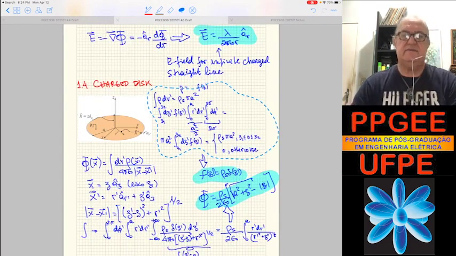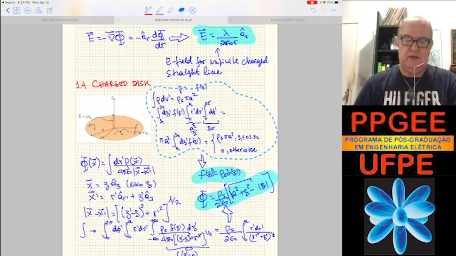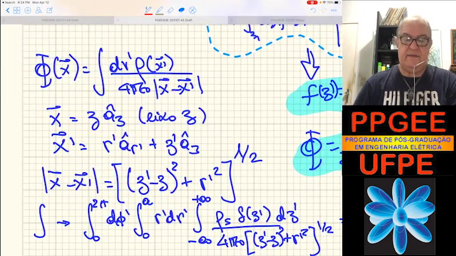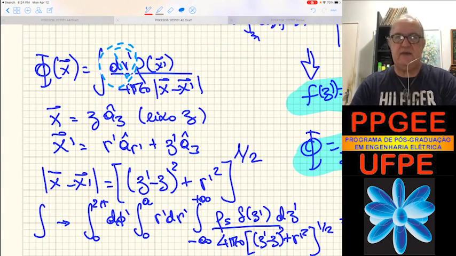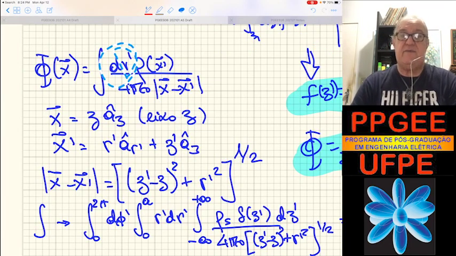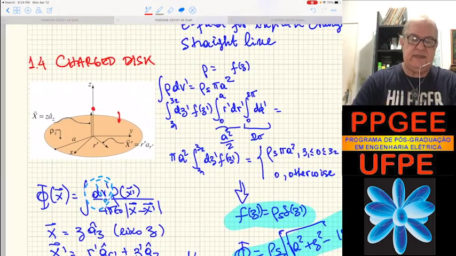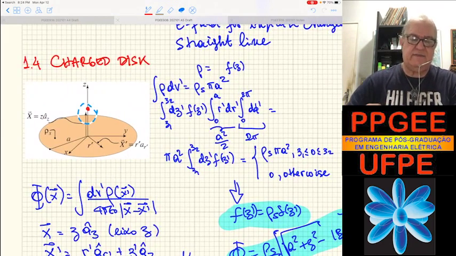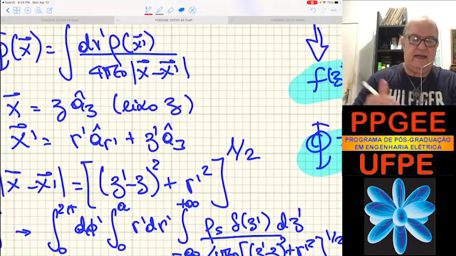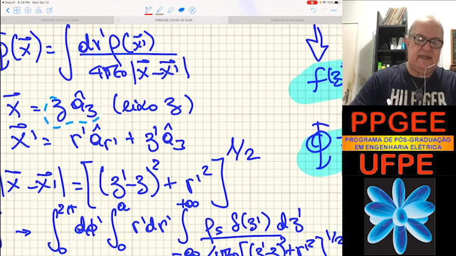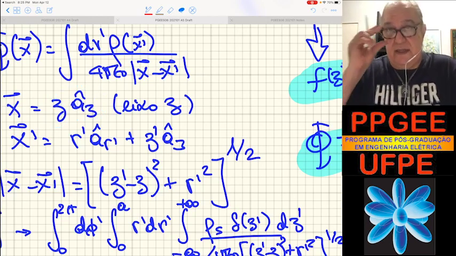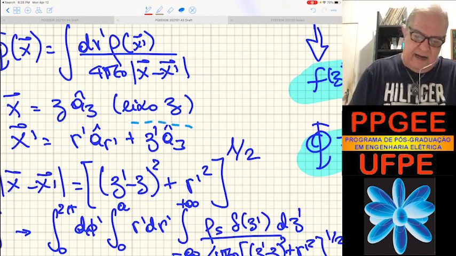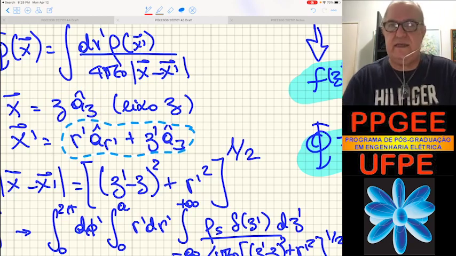You do that, right? So again, always remembering that V prime is going to be a volume. We are going to use cylindrical coordinates once again. I'm going to calculate the potential on the z-axis, right? So x is defined, z, and x prime is the position vector in cylindrical coordinates, r a_r plus z prime a_z, right?